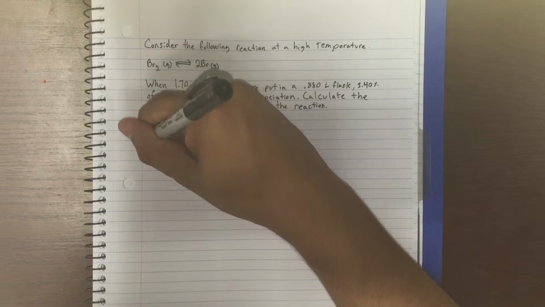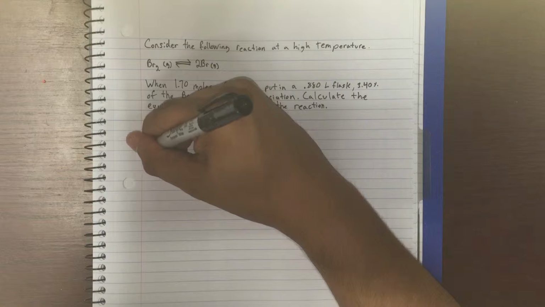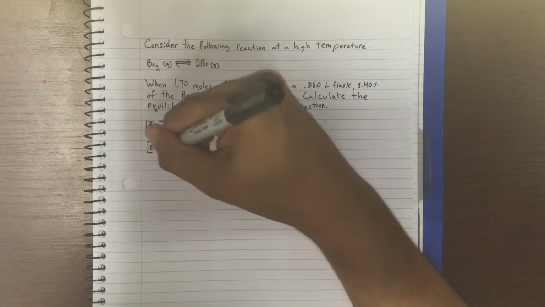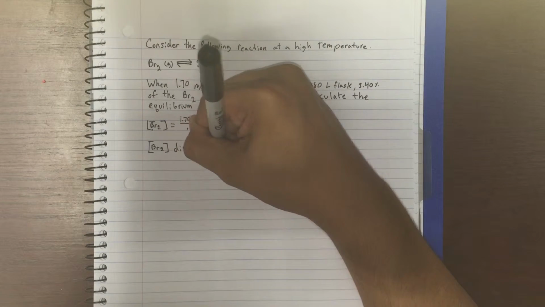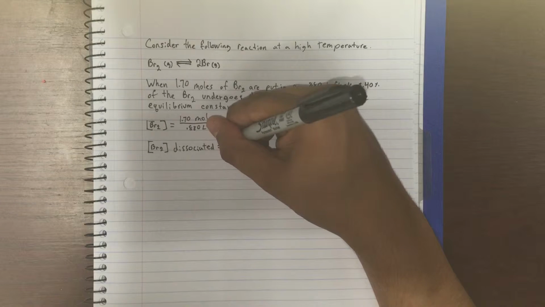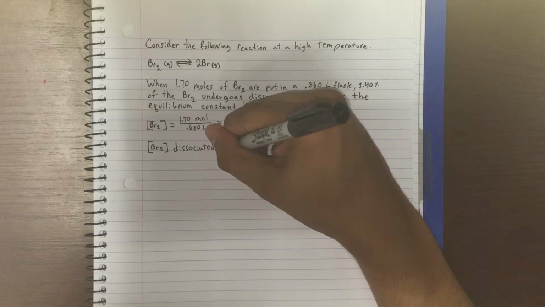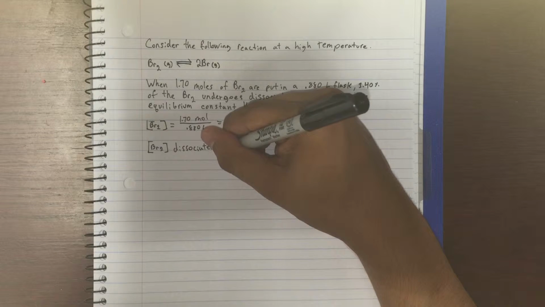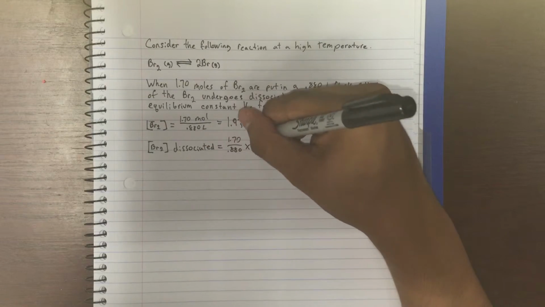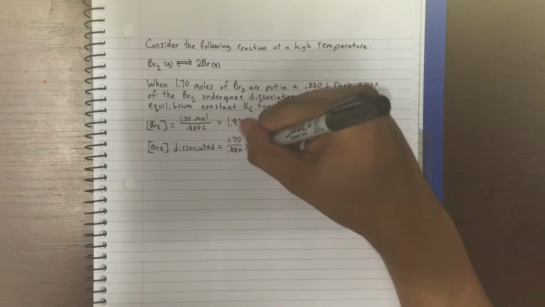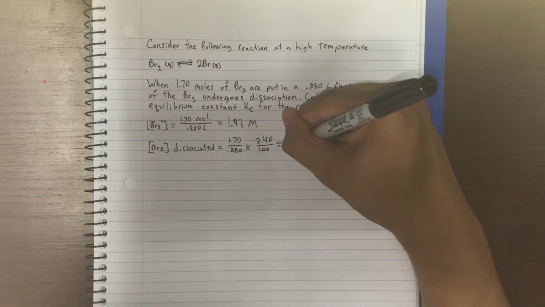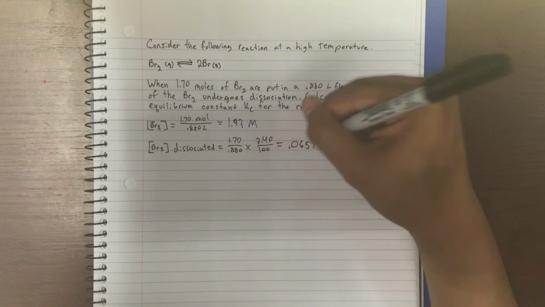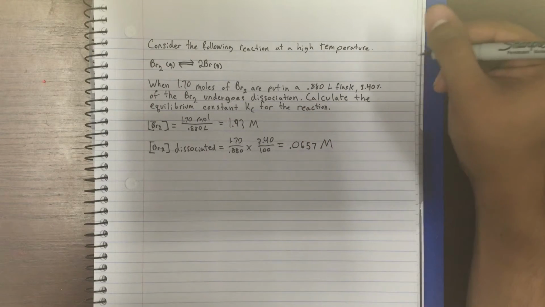In order to do that, we're going to multiply the same fraction we just used, which is 1.70 over 0.880, times 3.40 out of 100, because 3.40% of our Br2 out of 100% of it has dissociated. So that'll give us 0.0657 molarity of Br2 that is dissociated.